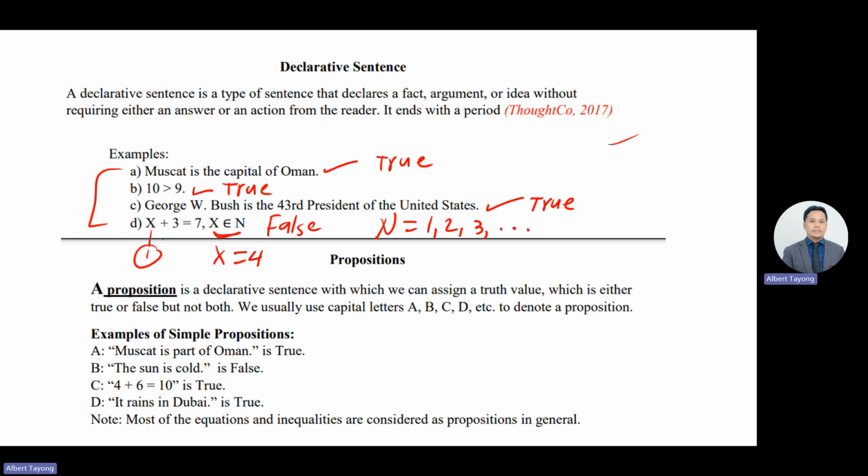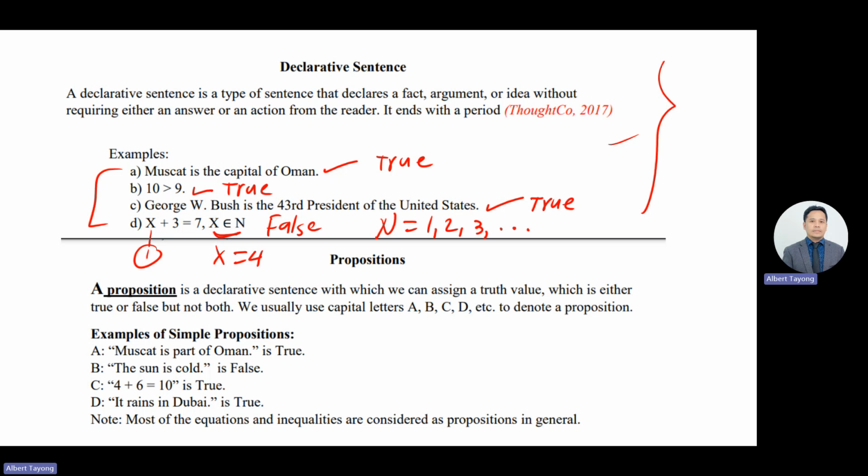Okay, so actually, we talk about declarative sentences here because it is the only sentence in the world that can have a truth value. But not all declarative sentences can be assigned true or false.